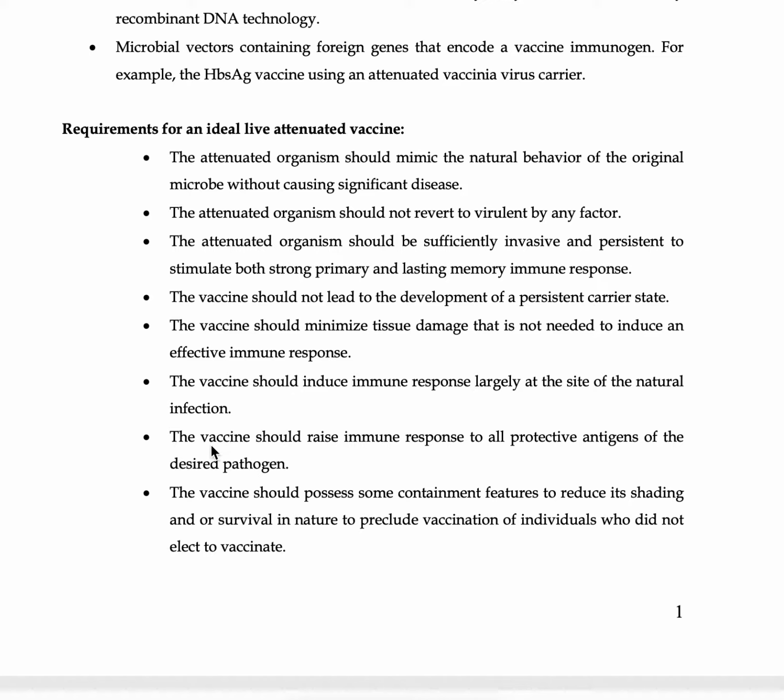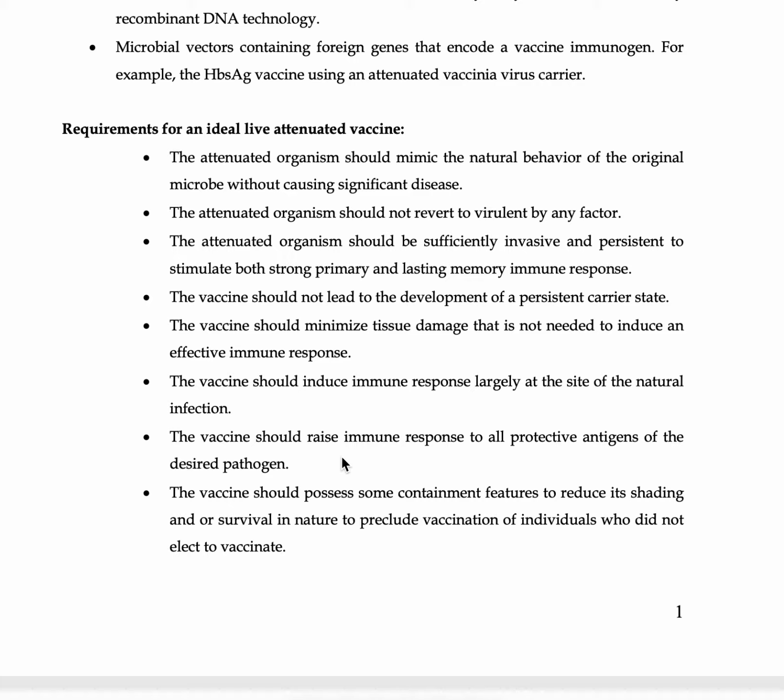Then the vaccine should raise immune response to all protective antigens of the desired pathogen. A pathogen doesn't contain only one antigen, right? It contains several antigens which protect it from the host immune system, right?